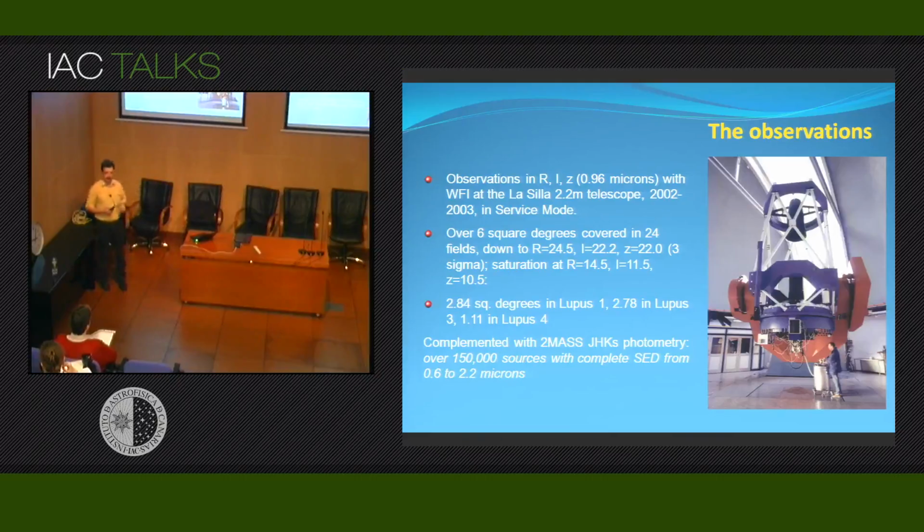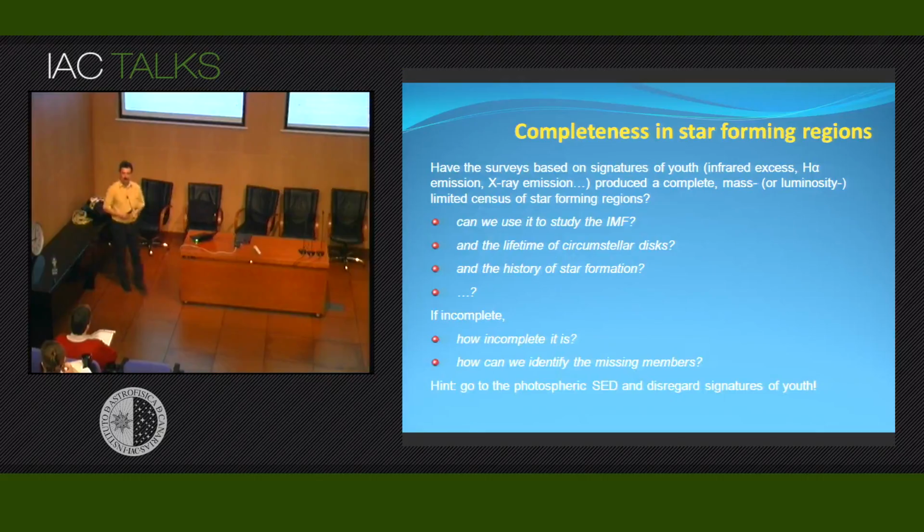When we study star-forming regions, we normally use a number of tracers of activity, of youth, in order to identify the census of the population. We use activity, we use the signature of circumstellar material, we use emission due to accretion or to outflows. And we want to use these censuses in order to study global properties, among other things, of course.